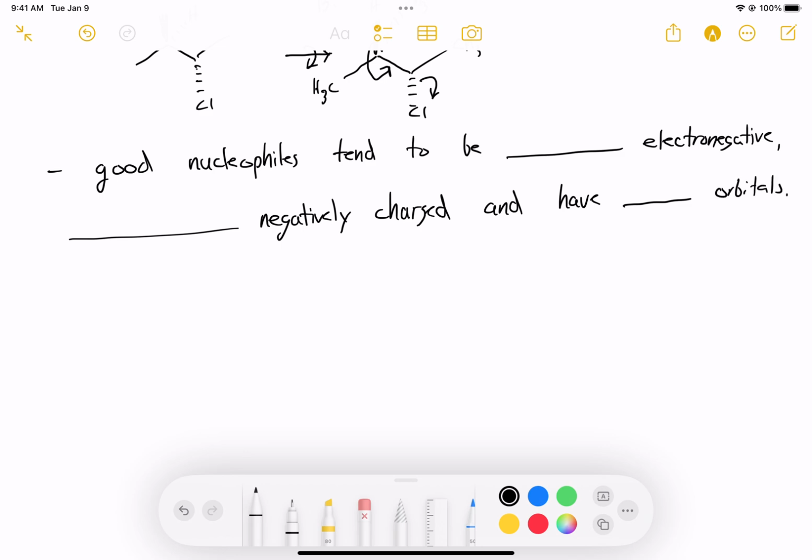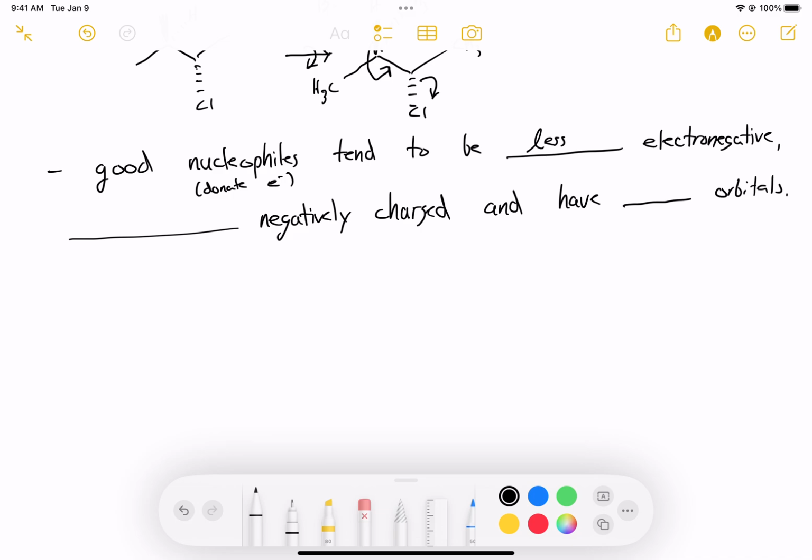Okay. So if we were to give a multiple choice, let's just say, okay, good nucleophiles, do they tend to be more or less electronegative? Well, remember, nucleophiles, they want to donate. So they have to donate electrons, right? So it's best if they're less electronegative, because if they're too electronegative, they don't want to form a bond, right?